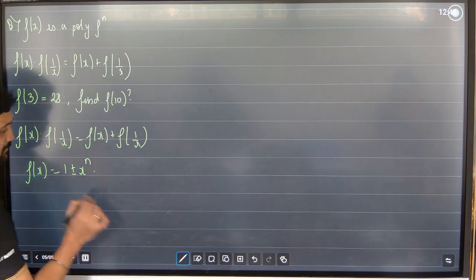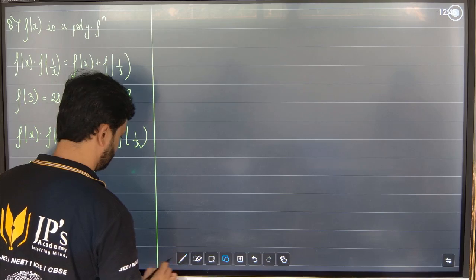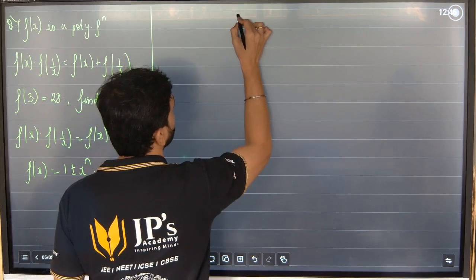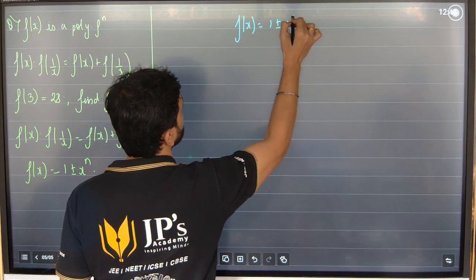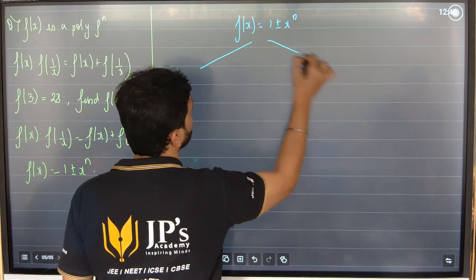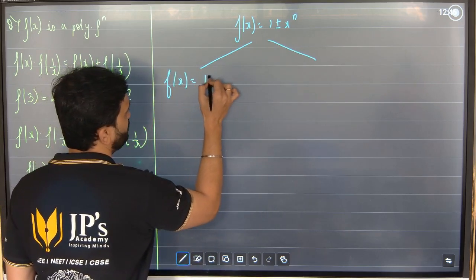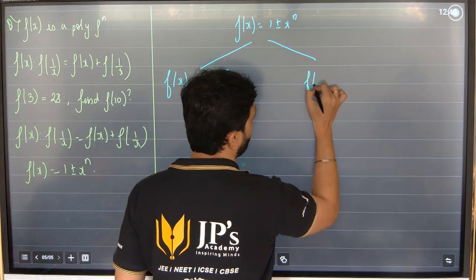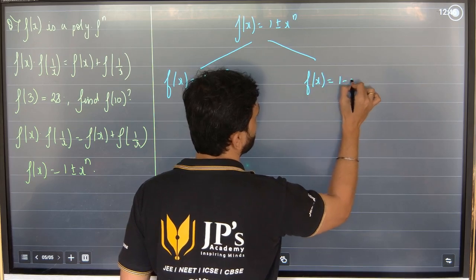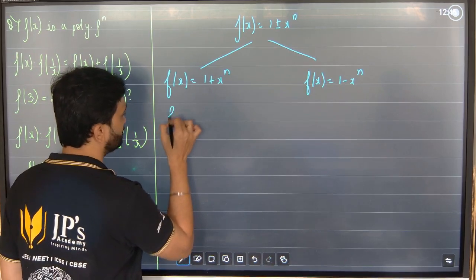Now if I approach like this, f of x is equal to 1 plus minus x raised to n, I'll write it in two parts. F of x is equal to 1 plus x raised to n and f of x is equal to 1 minus x raised to n. Now, f of 3 is 28.